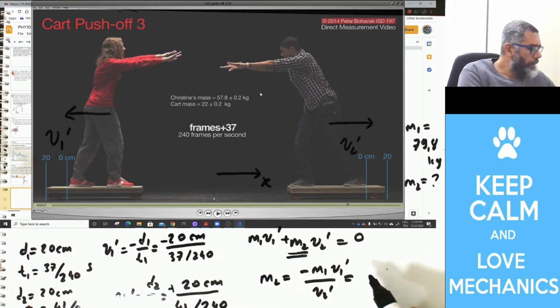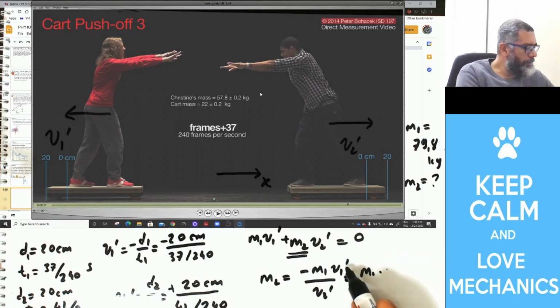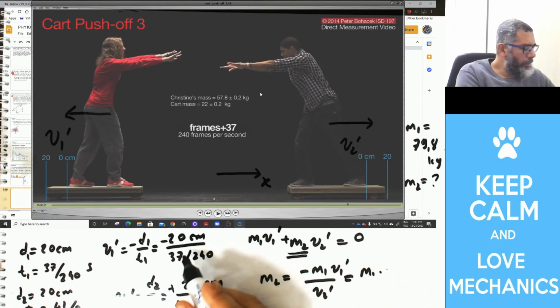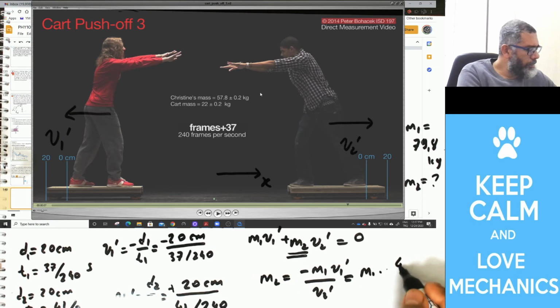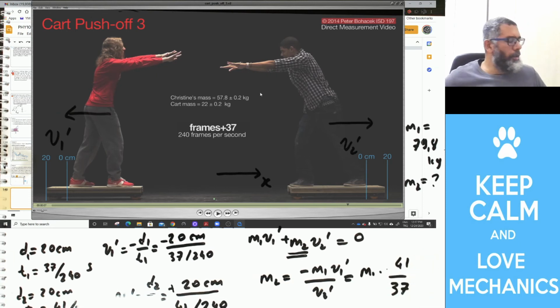Okay, m1 multiplied by the division of v1 prime to v2 prime is going to be 41 divided by 37. You can just verify this by putting all this over here.